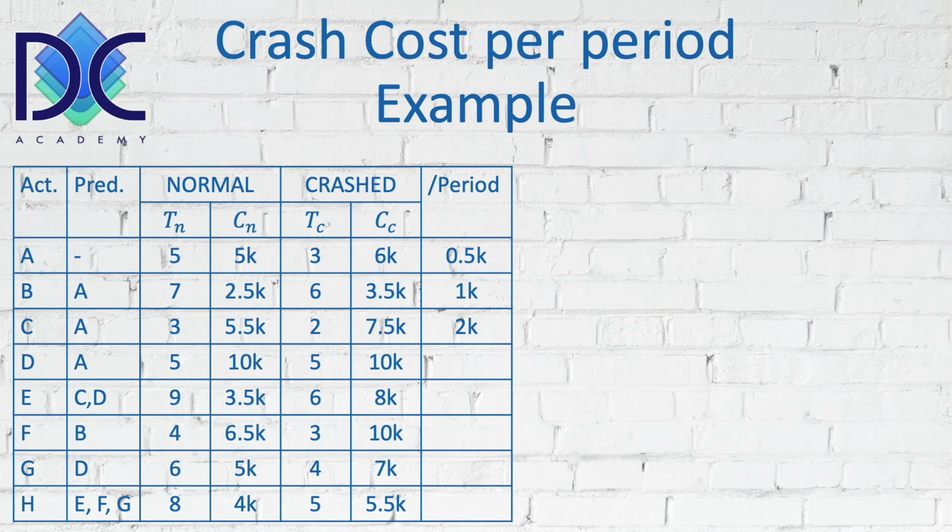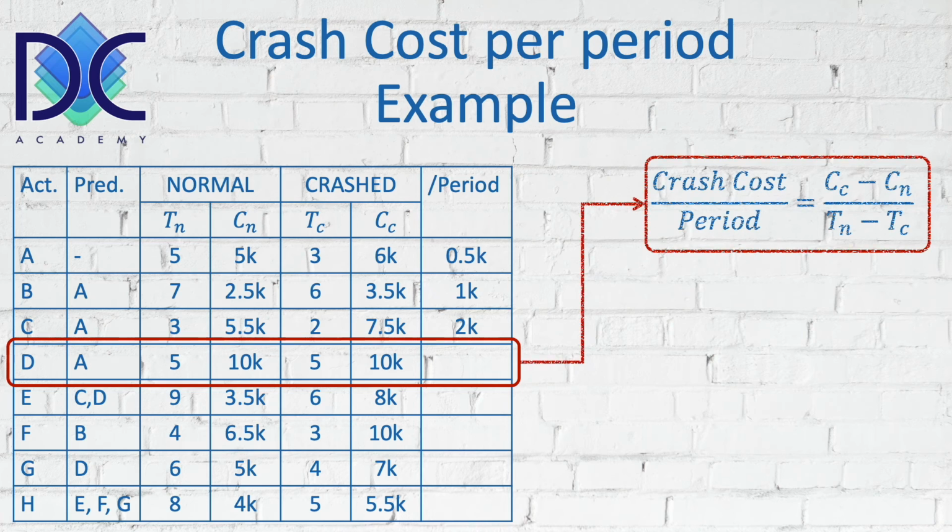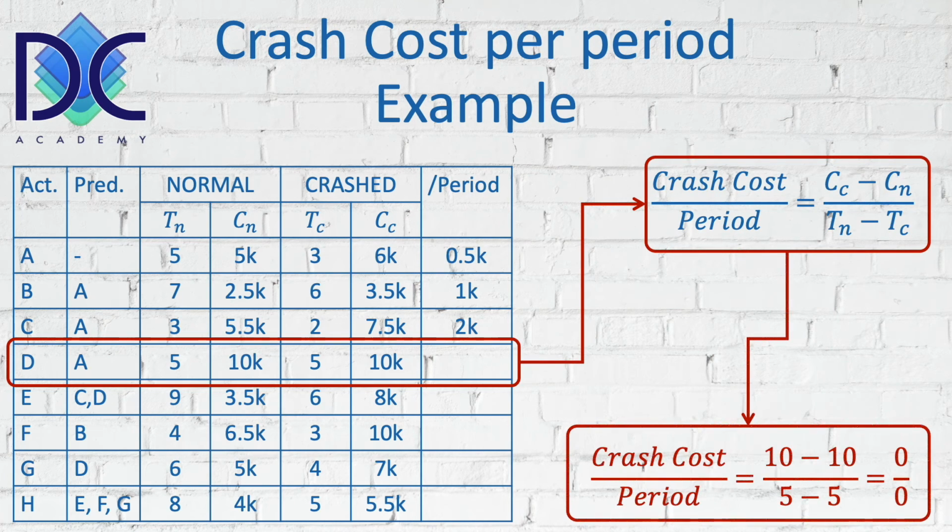But now I want to look at activity D. When we look at activity D, there is something special, because we see that the normal and the crash durations are the same, and the crash cost and the normal cost, of course, are the same also. So let's have a look at the formula. The formula is still the same, but when we calculate this, we find 0 divided by 0, and this is not defined in mathematics.